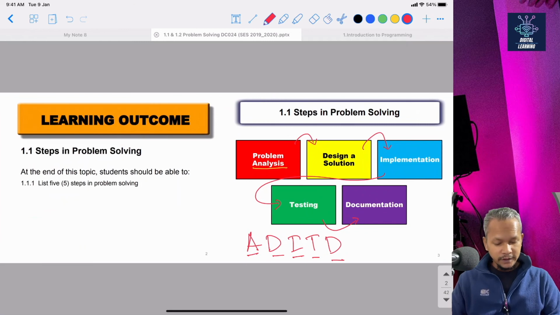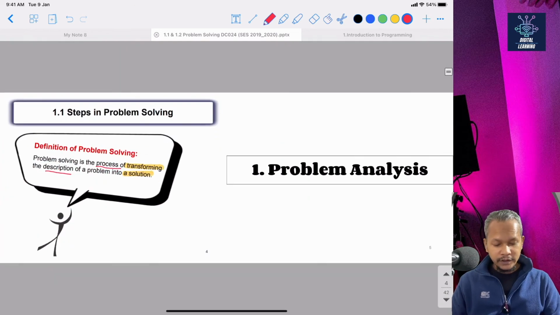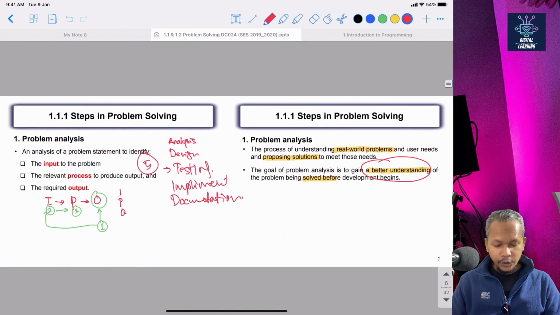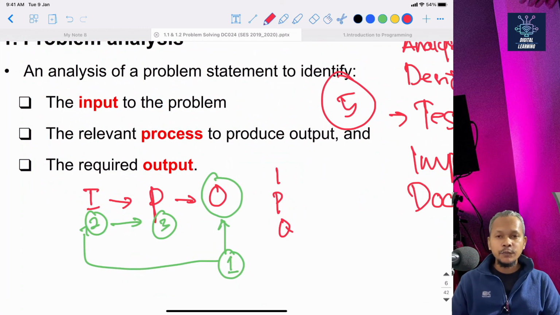So for the conclusion, you need to know ADITD: analysis, design, implementation, testing, and documentation. You have 5 steps to solve a problem. In problem analysis, you need to know how to identify the input, process, and output. We call it IPO. You need to identify output first, then input, and the last is process.